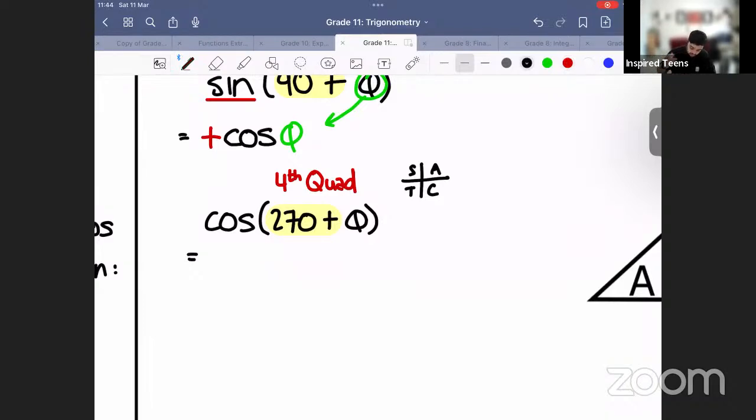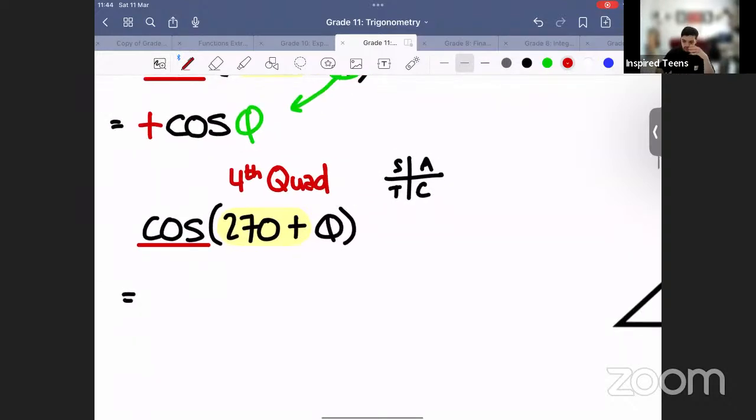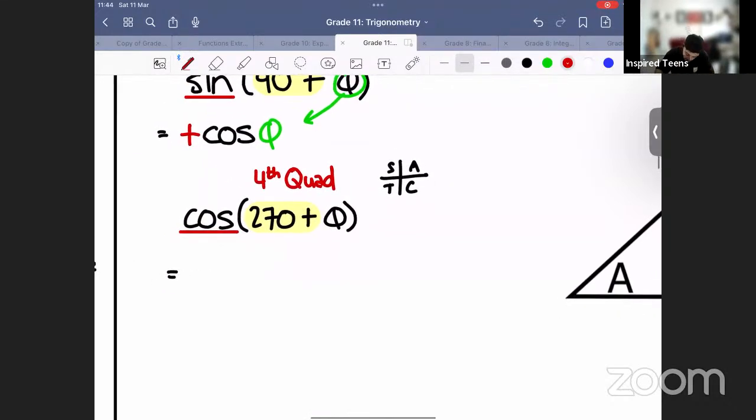Then you ask yourself, the first trigonometric ratio, because I know it's going to change: is cos positive or negative in the fourth quadrant? Cos is positive in the fourth quadrant. Only cos is positive, so positive is going to be my numerical sign.